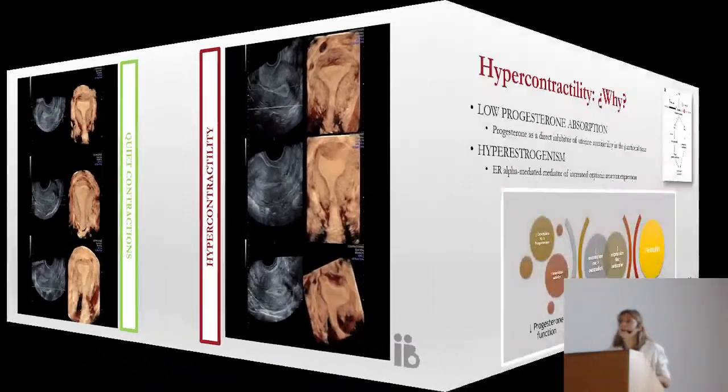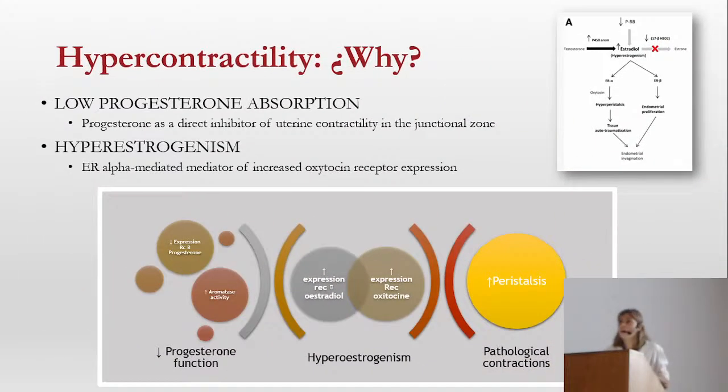So why does it happen? Why do we have hypercontractility? We have two main theories. First, because we have a low absorption of progesterone, since progesterone is the direct inhibitor, as I told you. And then hyperestrogenism. This is the theory of how adenomyosis starts.